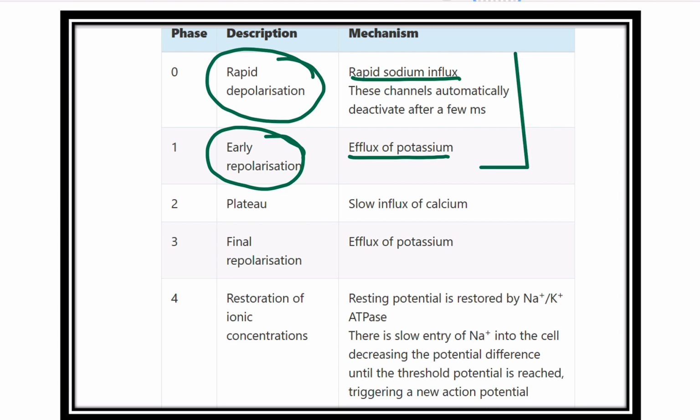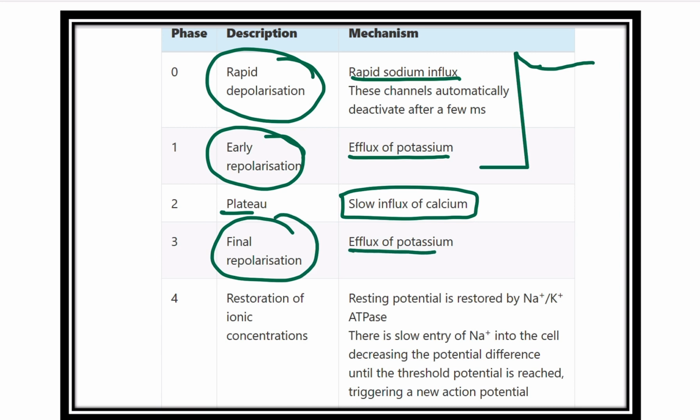For this condition, there is some downward deflection, but then there is the plateau phase, which means there is influx of calcium. For this condition, the plateau phase develops, and final repolarization occurs due to continuation of potassium going out of the cell.